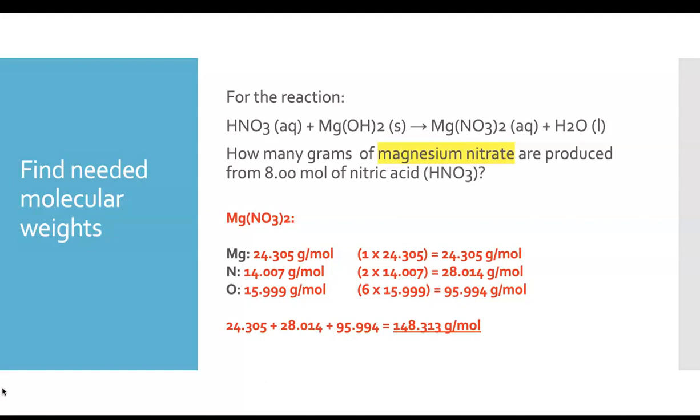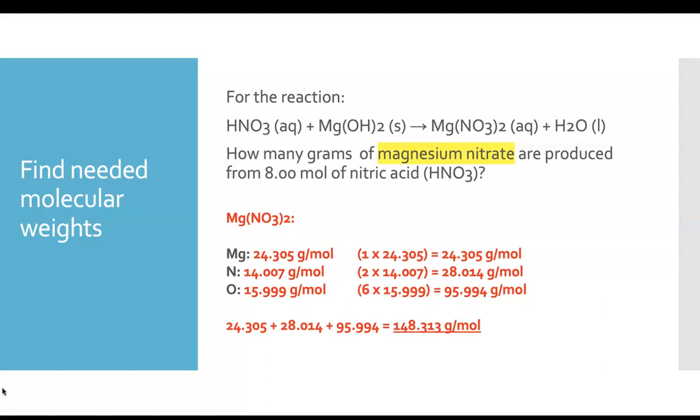So the next thing we're going to do is find out how many of each we have. For magnesium, we only have 1, so we're going to multiply the 24.305 by 1, and we get the same 24.305 grams per mole. Then for nitrogen, as we can see from the formula of magnesium nitrate, we have 2 nitrogens. So we're going to multiply 2 by 14.007, and we get 28.014 grams per mole.